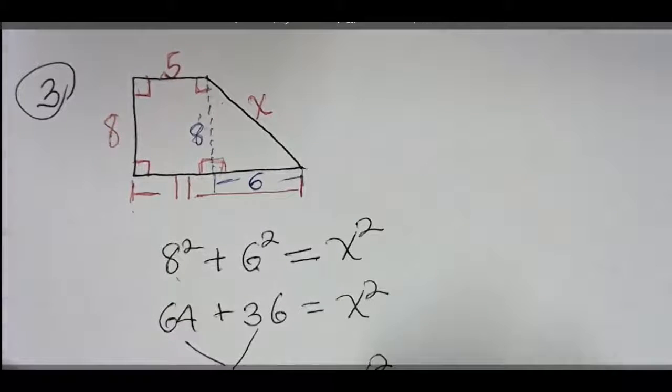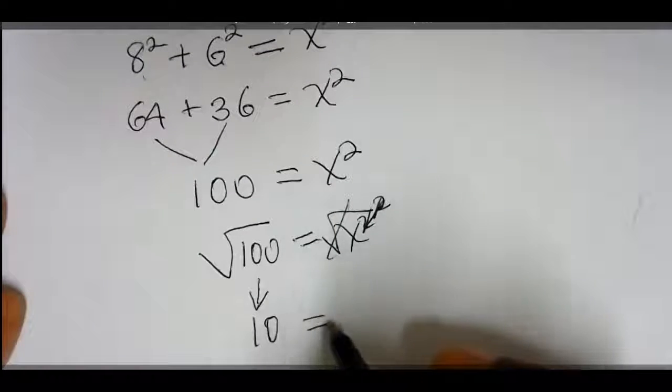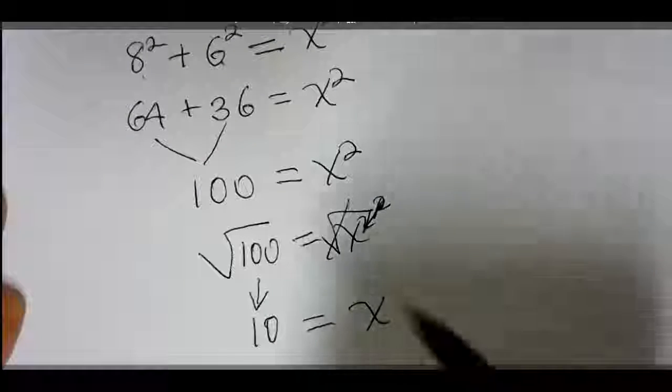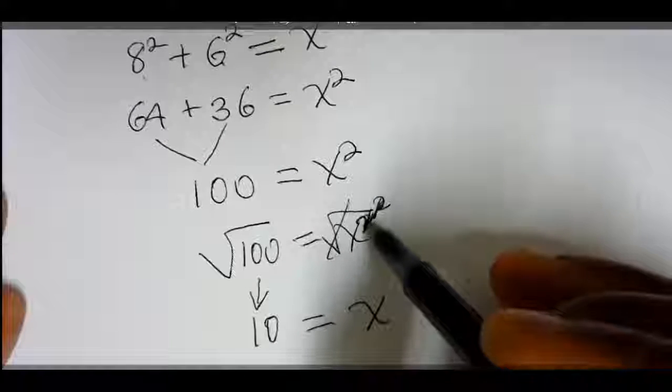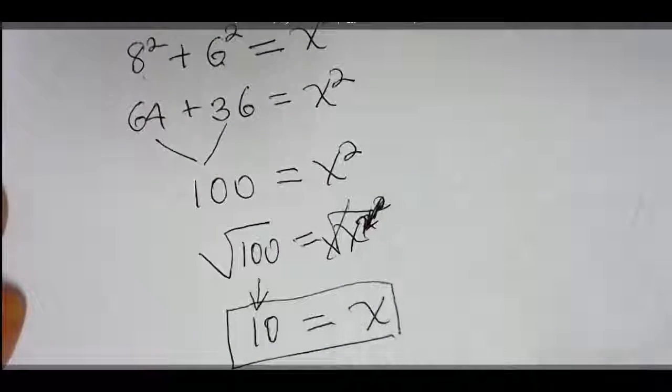So we take square root of both sides to get rid of the square. So they cross out anyway. So square root of 100 is 10 equals x. Okay, get that.